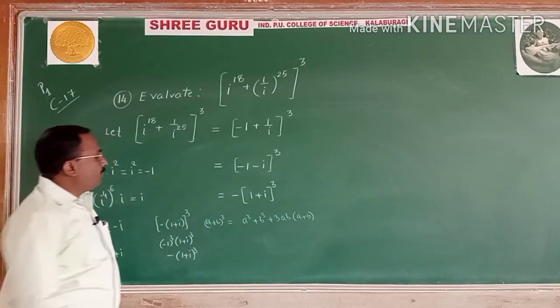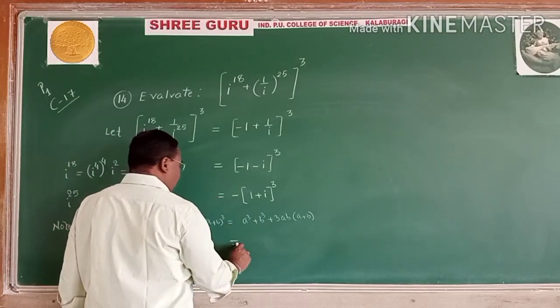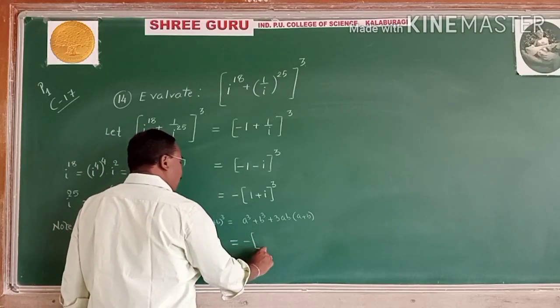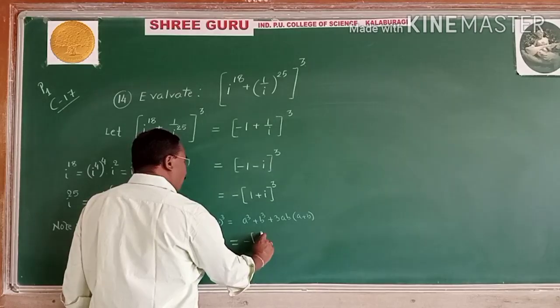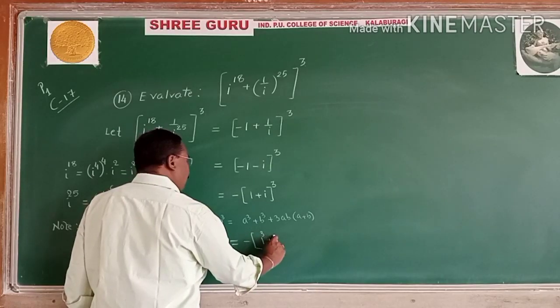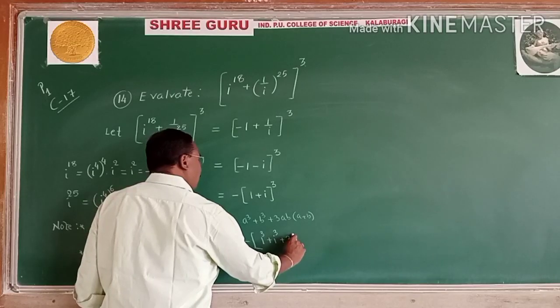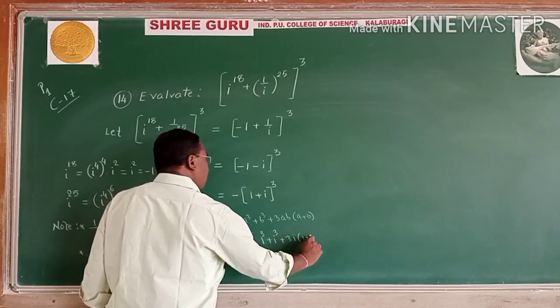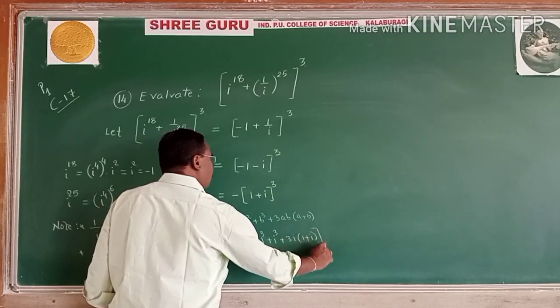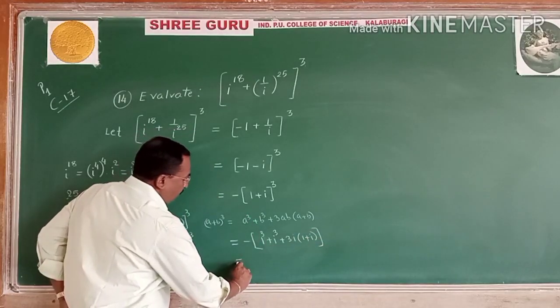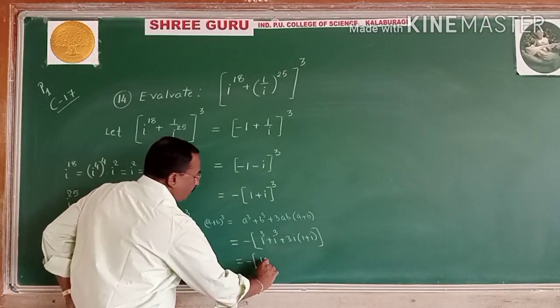Minus, as it is. Using the (a plus b) whole cube formula, a cube plus b cube plus 3ab into (a plus b). Minus, as it is, 1 cube is 1, and i cube.